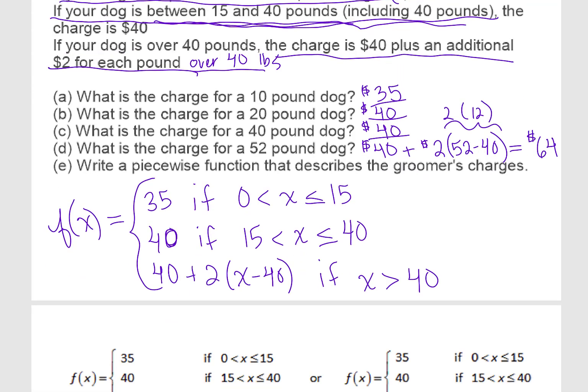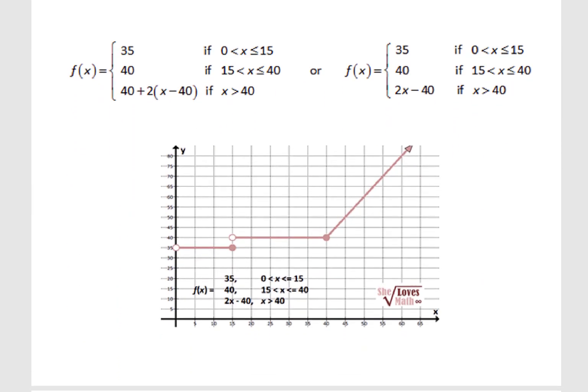So looking at this now, that's why we see this constant right here. 0 to 15, including 15, we're up here at 35. And then starting from 15, but not including 15 on this portion of the graph, to 40, we're at $40. But then after that, you see it increasing because now we're going to calculate X into the mix.